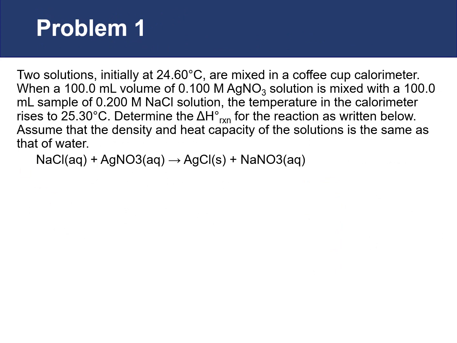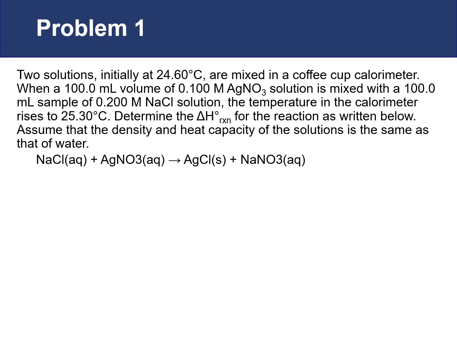So let's take a look at one type problem that is just what we had previously described, right? So we have two solutions initially at a particular temperature, 24.6 degrees Celsius, that are mixed in a coffee cup calorimeter.